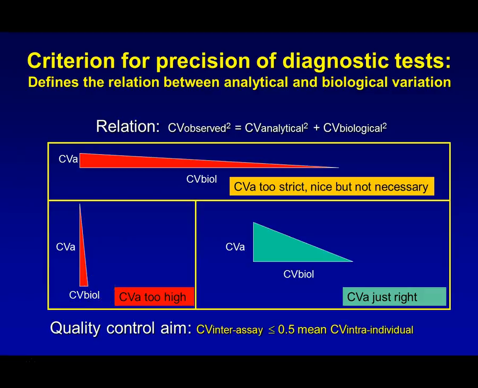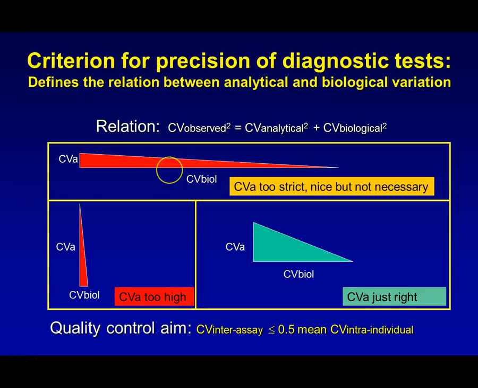This means that in this case, the analytical variation is too high. Sometimes we see analytes with a high biological variation, for example cholesterol. Then it's very nice to have a low analytical variation, but it's not necessary.